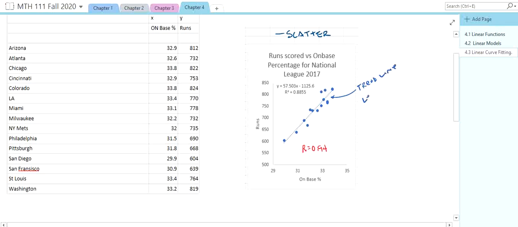But it's a least squares regression line. And again, the R value, the square root of 0.8855 is 0.94.